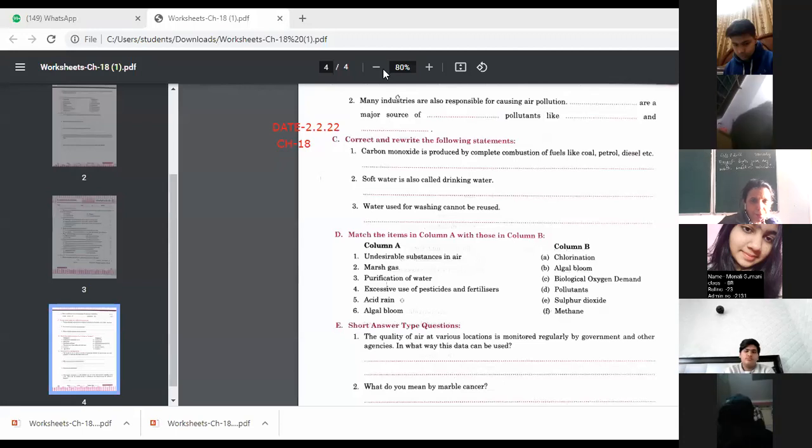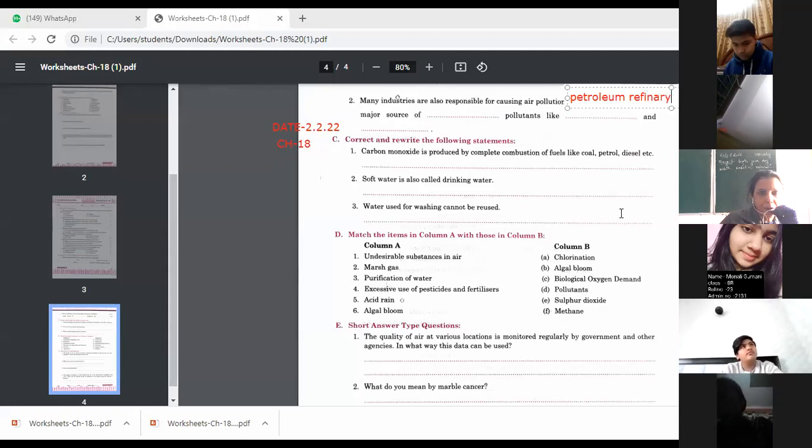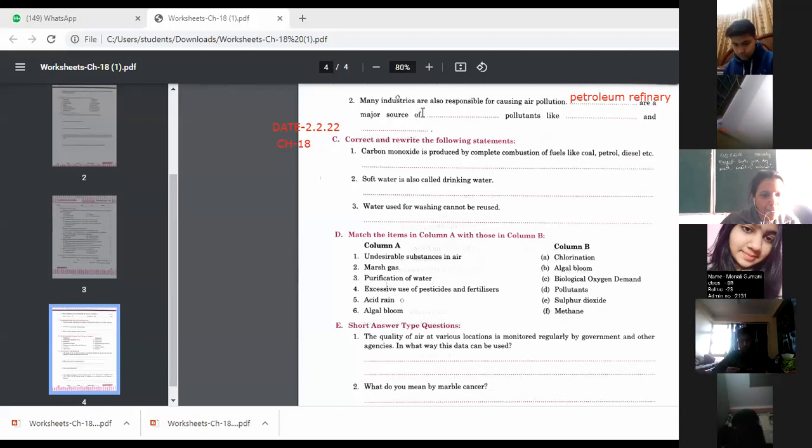Continue with the next number 2. Many industries are also responsible for causing air pollution. Petroleum refineries are a major source of gaseous pollutants, air pollutants like dash and dash.